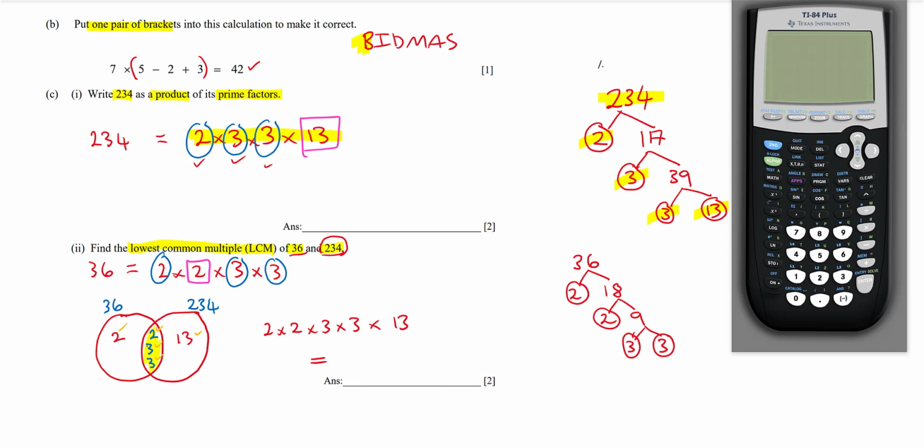So 2 times 2 times 3 times 3 times 13, and that is equal to 468. Okay, so 468 then is the lowest common multiple of 36 and 234. Okay, and that is the end of question 1.